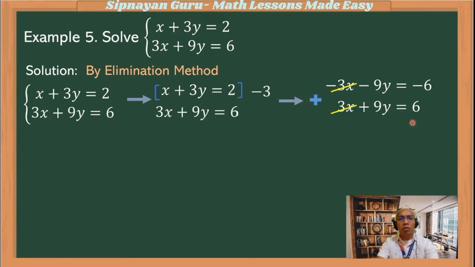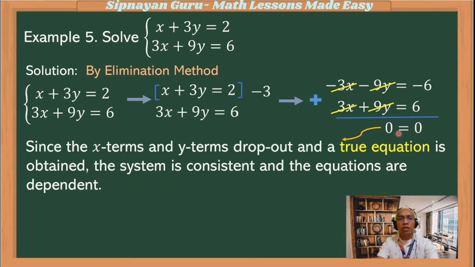So we'll add the two equations. As you can see, the variable x is cancelled out. The variable y is also cancelled out. Then the constants, negative 6 plus 6, additive inverses, are also cancelled out. So the answer is 0 is equal to 0. This is a true equation, but the x terms and the y terms dropped out. In this case, the system is consistent and the equations are dependent.